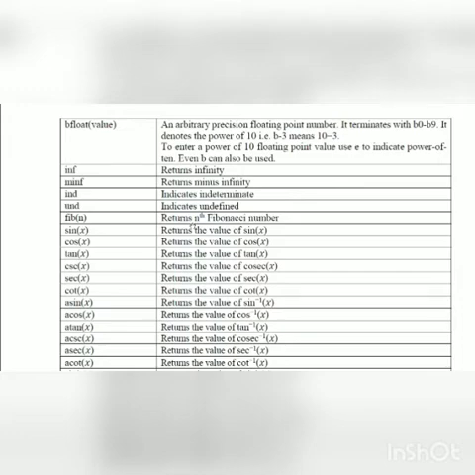To find the next number, you add the previous two numbers, 1 and 2, so 1 plus 2 is 3: 0, 1, 1, 2, 3. Similarly, you can go on finding the values. So what is the Fibonacci sequence? 0, 1, 1, 2, 3, 5, 8. Go on, proceed like that.